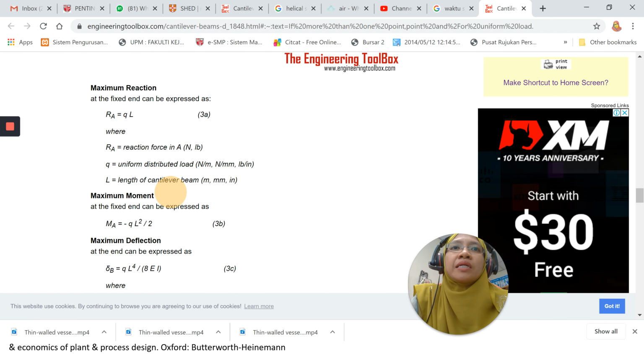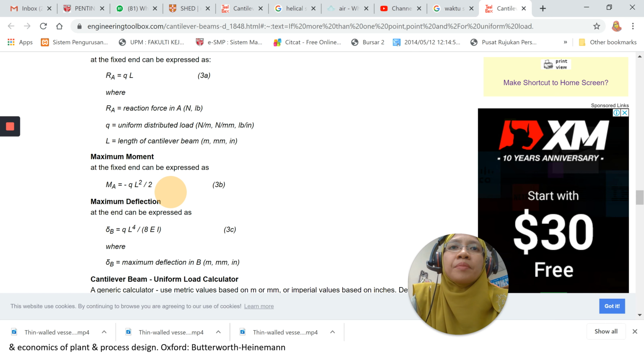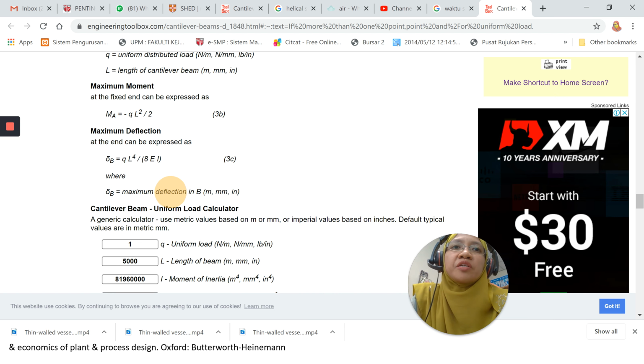You may calculate the maximum reaction force, the maximum moment, and then the maximum deflection.